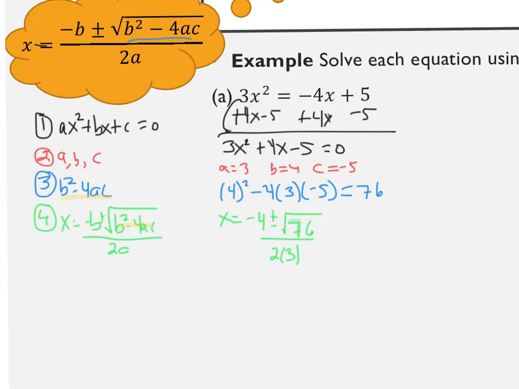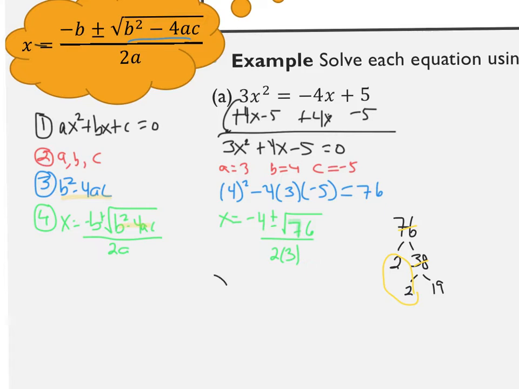Now remember, to break down that radical 76, we do a factor tree. Because it ends in 6, that means it's an even number, and we can divide it by 2. 2 goes into 76 38 times. 38 is an even number, so we can divide that by 2 as well, 2 and 19. Now for square root, we need 2 of the same number. So notice we have 2 2's.